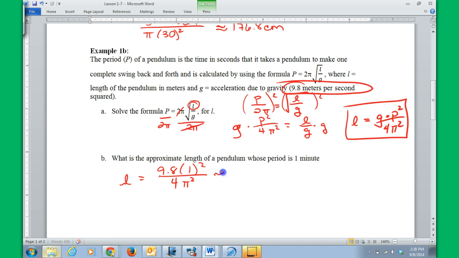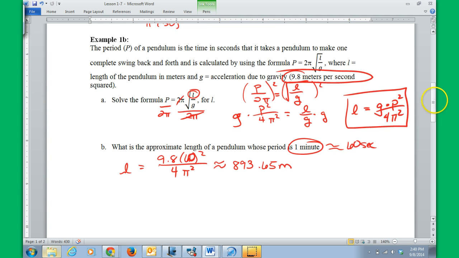If you were to put that in your calculator, and don't forget to square the pi, it's about 893.65 meters. It's a long pendulum. Okay, I went too fast when I was doing this earlier, so this should be 60 seconds because this is a minute, so you've got to convert that to seconds.